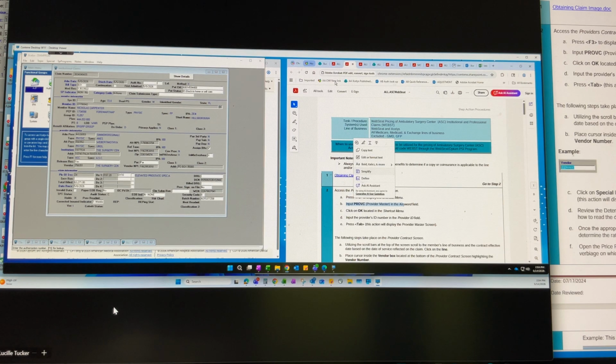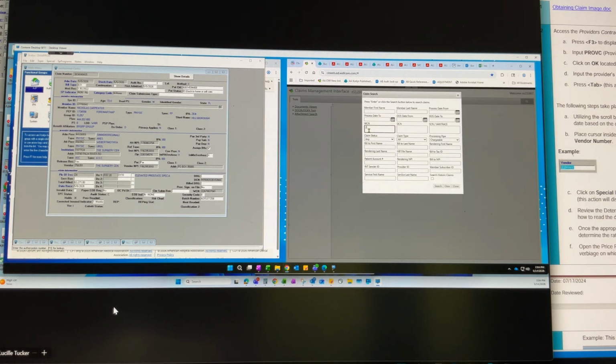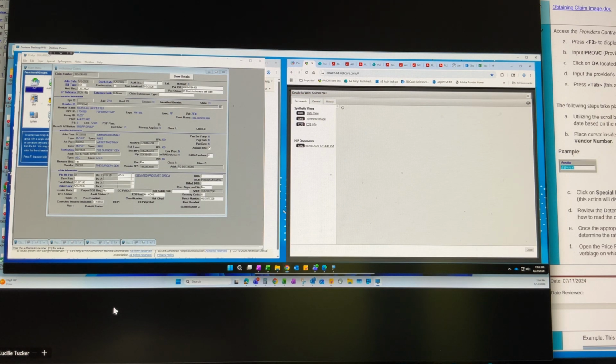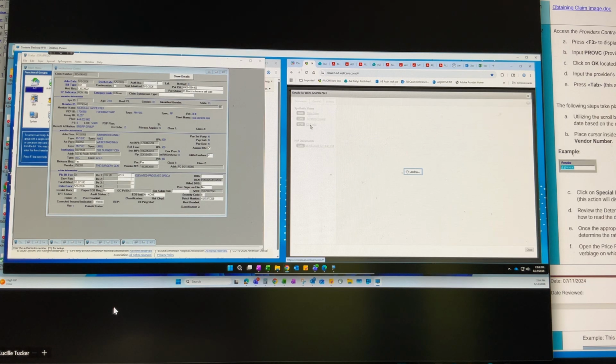Let's get my claim image here. Okay, so my claim is for Florida. It is for a surgery center. Says there's COB information.